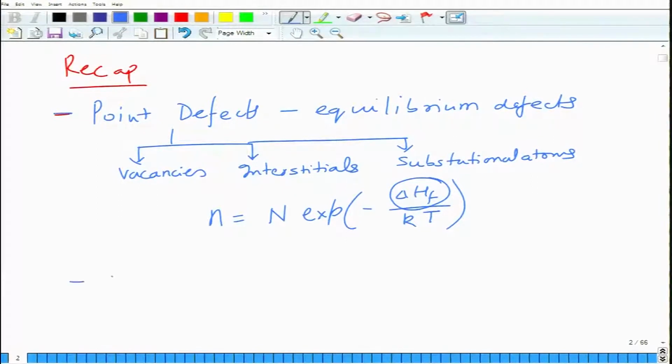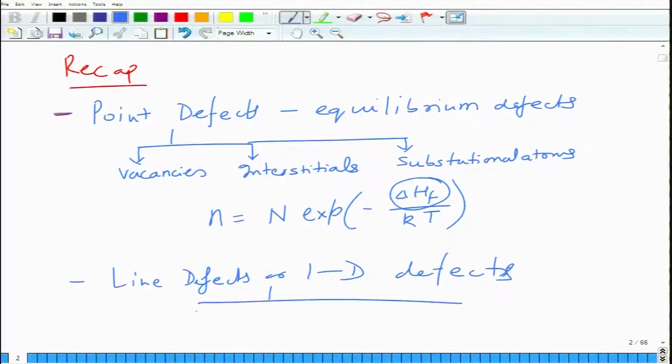And then the second defect that we considered were line defects or 1D defects, and here we looked at edge dislocation and screw dislocation.